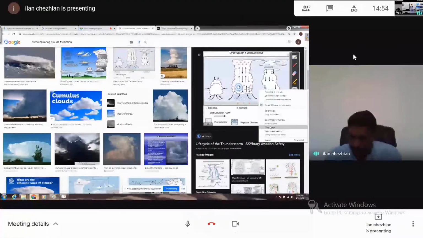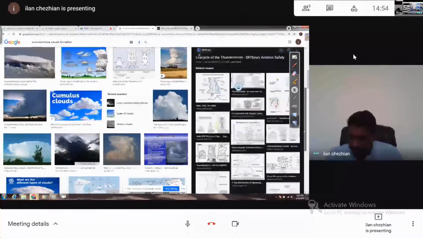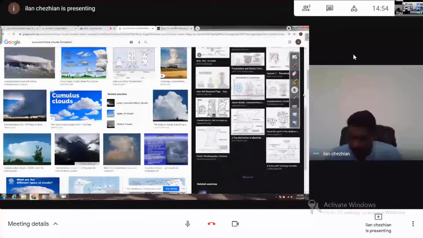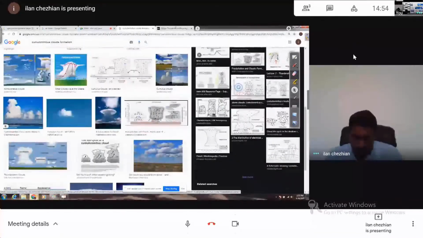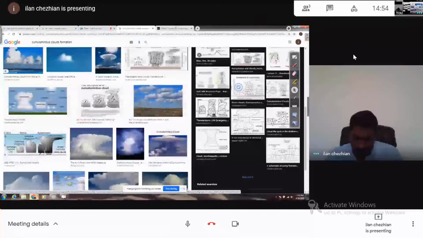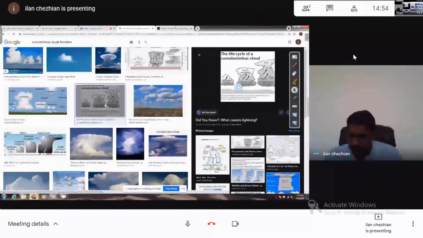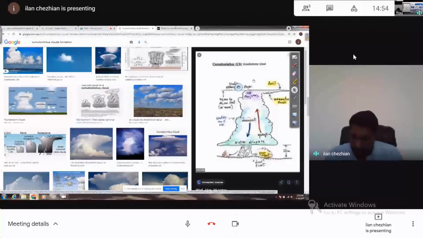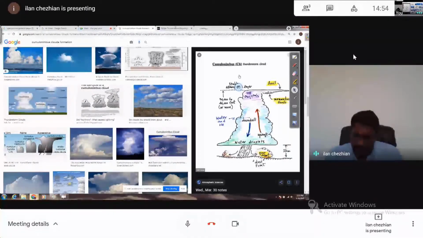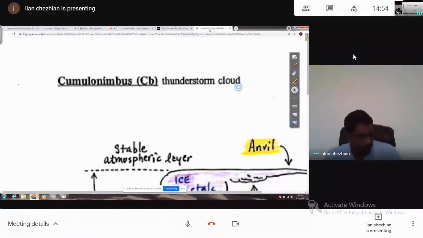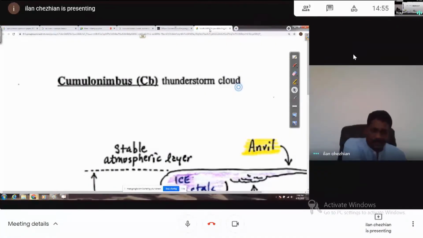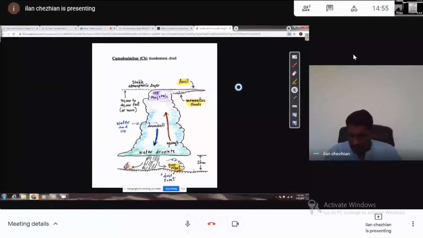Okay. Somewhere I'll copy this image. So any cumulus cloud, you take it, my friend. Okay. So normally what happens, whoever has drawn it, very good, right?